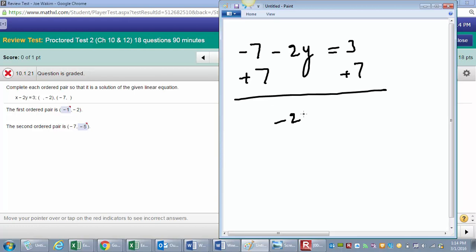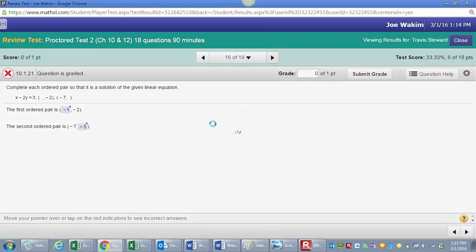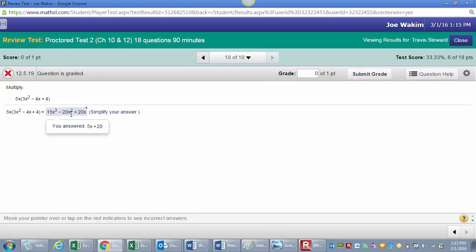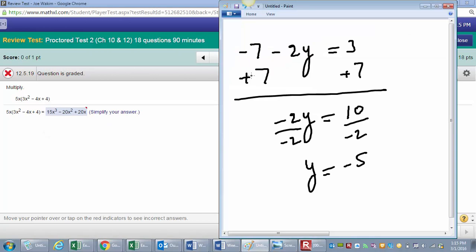So negative 2y equals 10. Divide both sides by negative 2. And y would be negative 5. And that's how they got the negative 5. Alright, couple more. 17 is correct. And 18. Alright, let's go over 18.